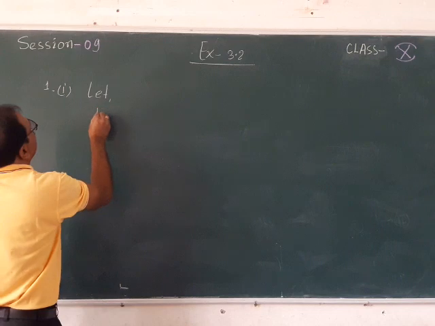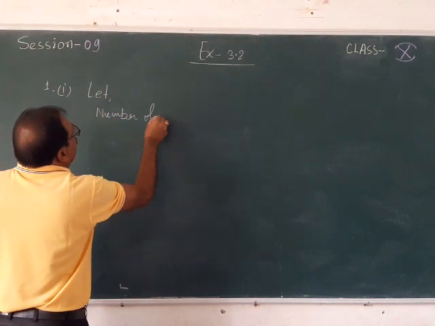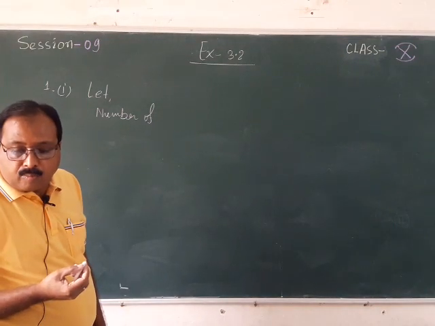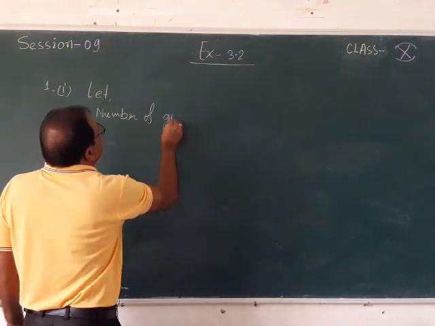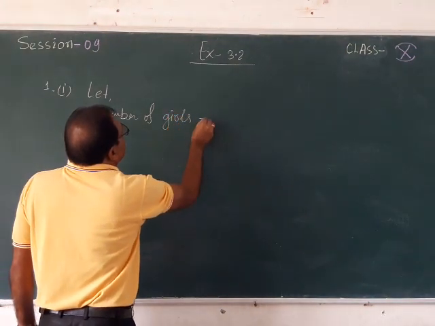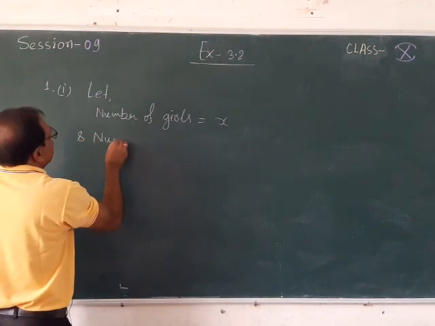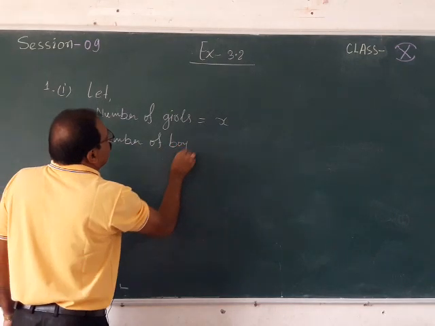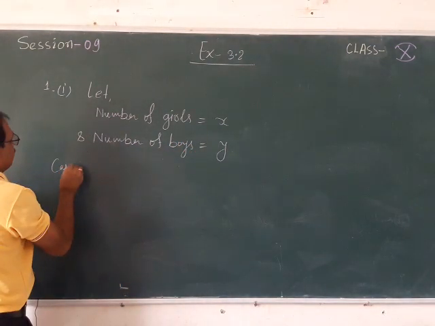Let the number of girls be x, and the number of boys equal to y. You can take the number of girls and number of boys separately. So what is the first case here?